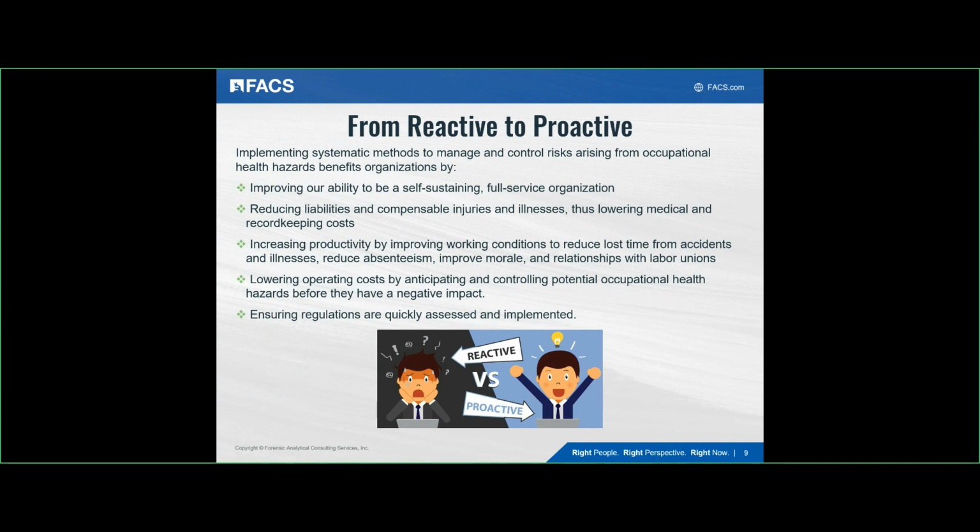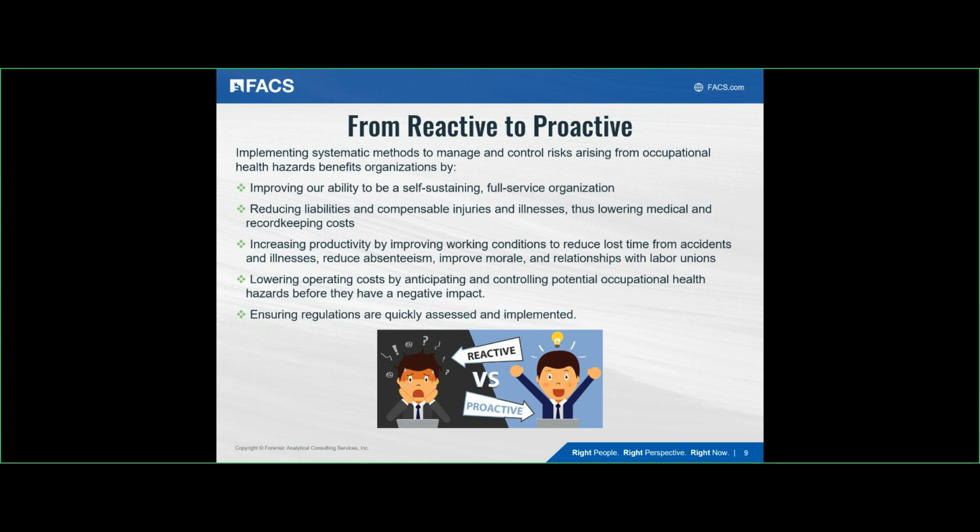And it does that by reducing costs and liabilities associated with compensable injuries and illnesses, and an increase in productivity, not only from reducing lost time accidents, but through the improvement of employee morale and the relationships between unions and management. We all know that the earlier you can be involved to reduce risk, the better, right?